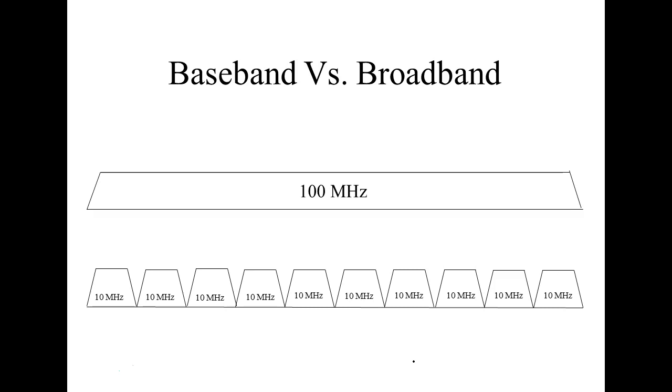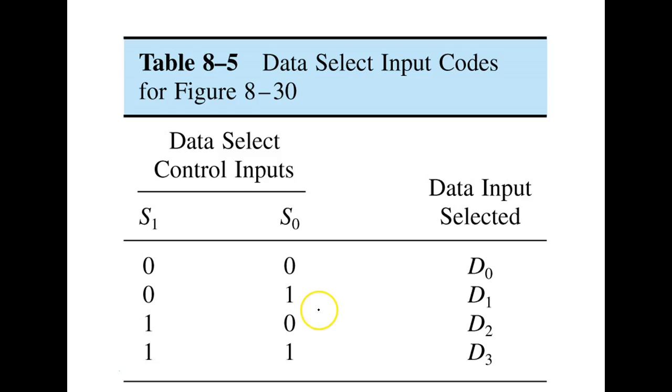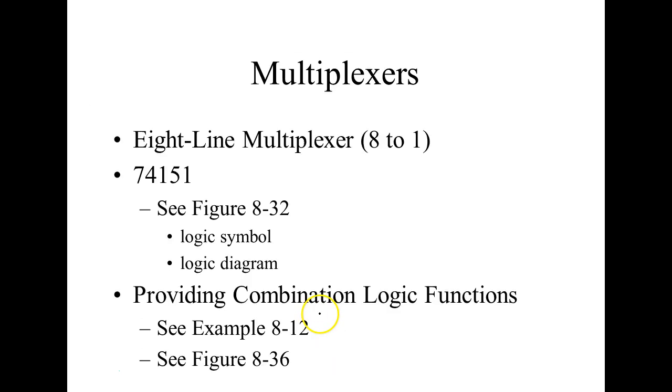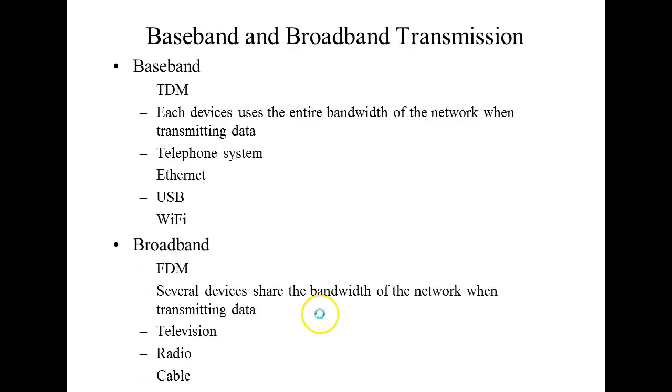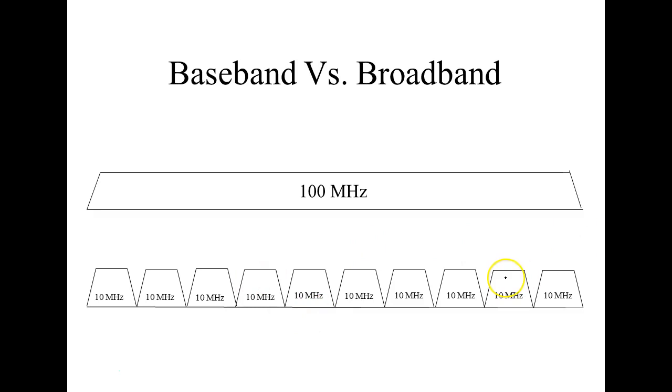Broadband, if you've got 100 megabits available, you might be assigned 10 megahertz. But the problem is, how many people are on the network here? Baseband, there's only one person on the network. Broadband, in my example, I had how many? 10. So which one's better?